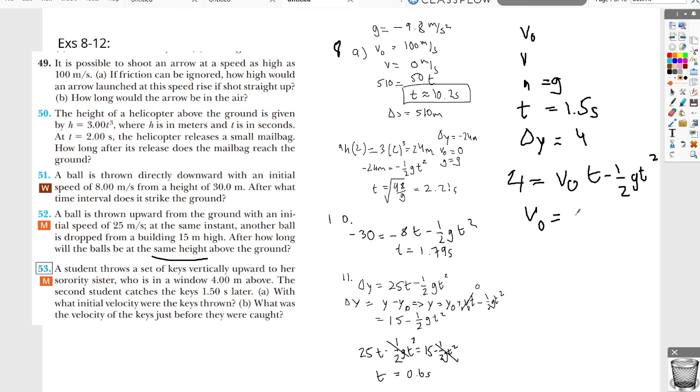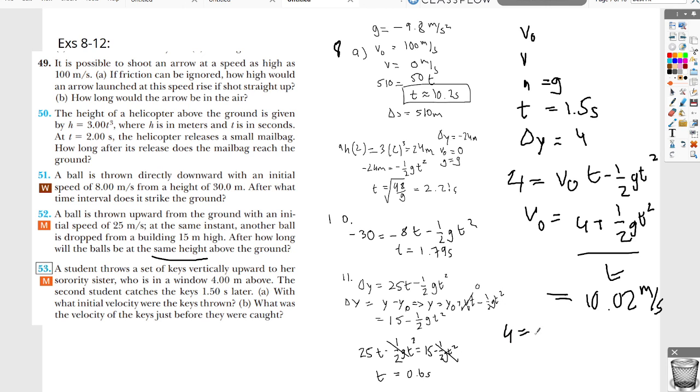So v naught equals 4 plus 1 half gt squared over t, which is equal to 4 plus 1 half times 9.8 times 1.5 squared, divided by 1.5. That gives 10.02 meters per second.